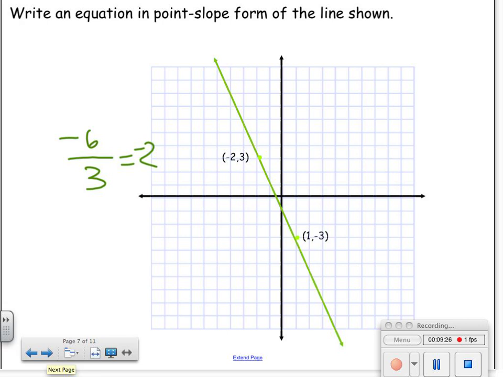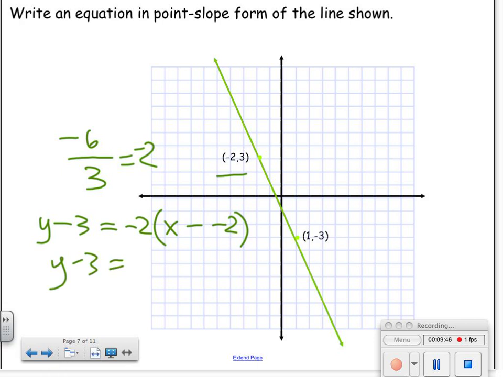I'm going to use this point right here: y minus 3 is equal to negative 2 times x minus negative 2. So that's y minus 3 is equal to negative 2 times x plus 2. And that's it in point slope form.